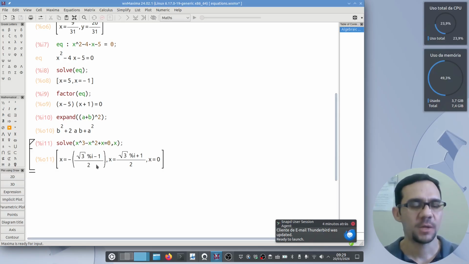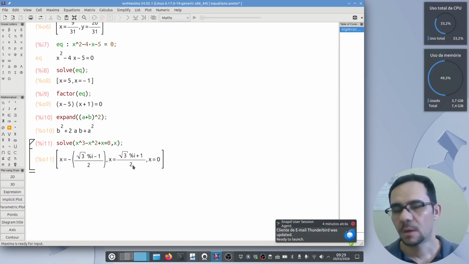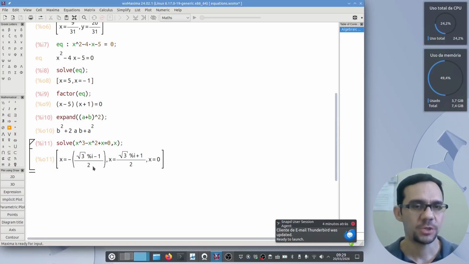In this case, we have obtained complex solutions. So it's interesting to show you that Maxima knows how to treat complex numbers, and this symbol %I here, it is the imaginary number. So this is the square root of -1.